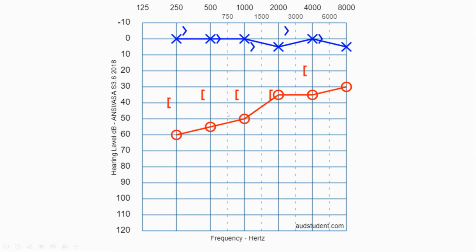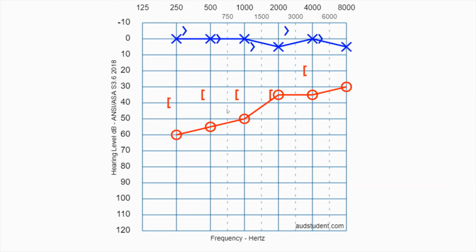So 2 of those thresholds are greater than 15 decibels, but 3 of them are not. So it's safe to assume that there is not a significant air bone gap because of majority rules. So the answer to our second question is no.